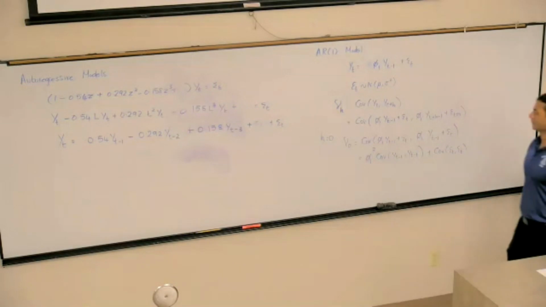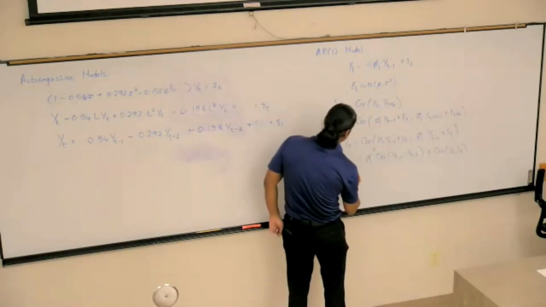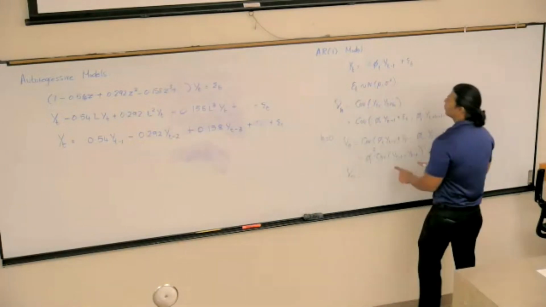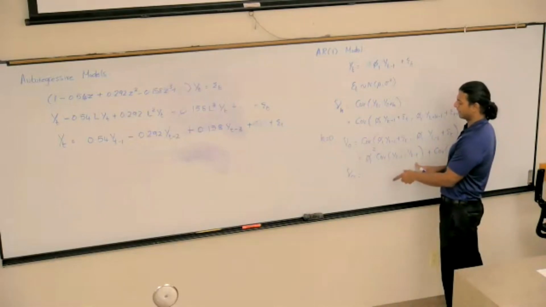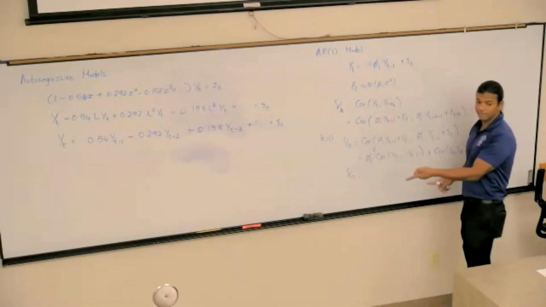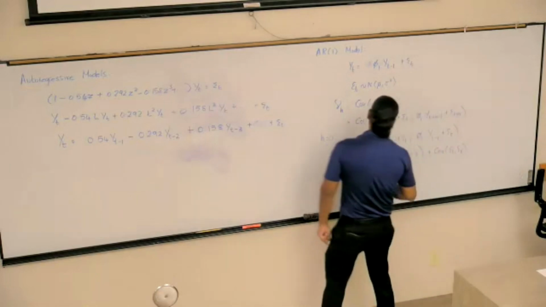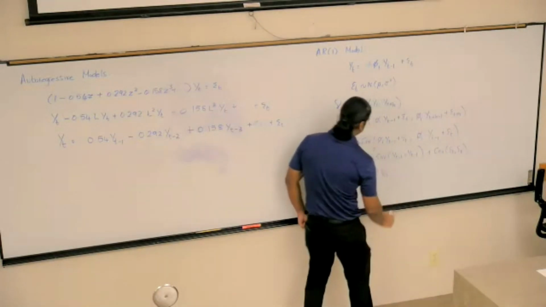Good. Yt minus 1 will have the same variance as yt, correct, it's the same series. So we are going to end up having phi 1 squared gamma naught.